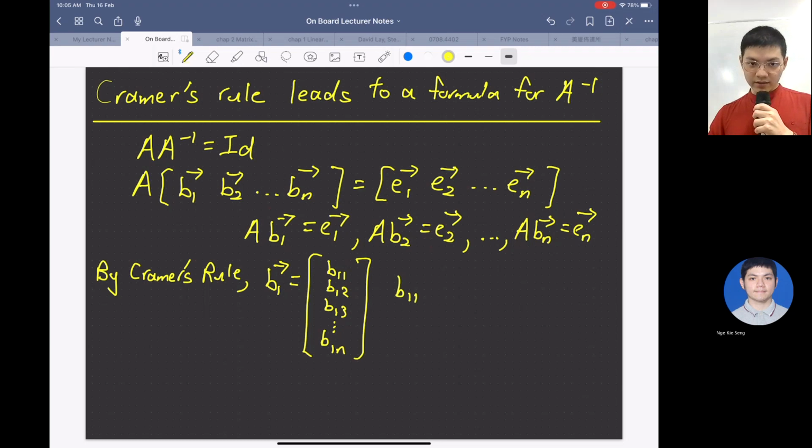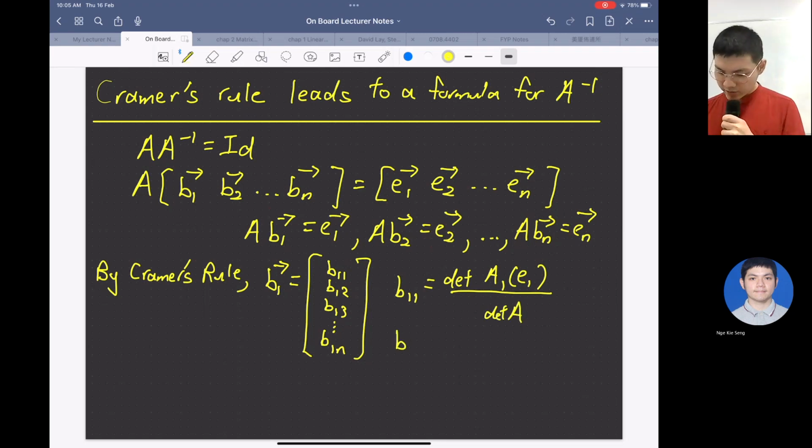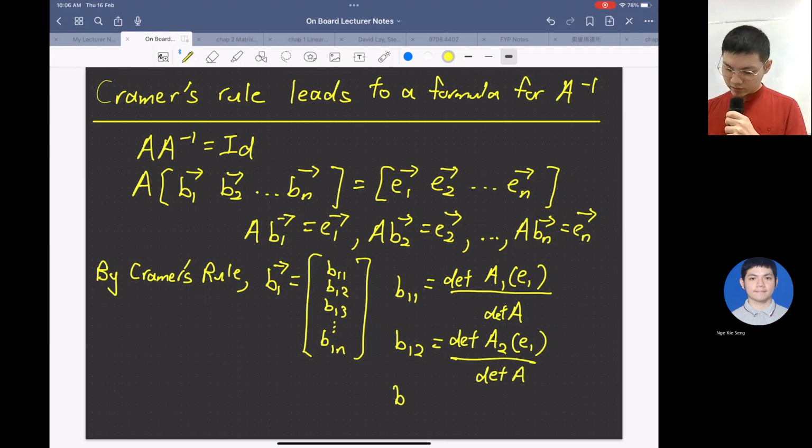Now B11 is equal to the determinant of A with the first column replaced by E1, divided by the determinant of A. Then B12 is the determinant of A with the second column replaced by E1, divided by the determinant of A, and so on.